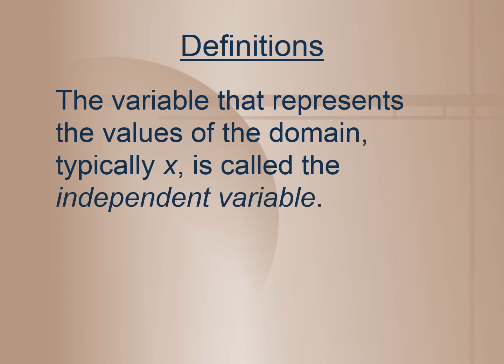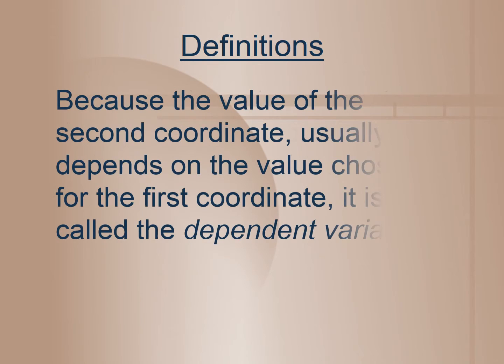It's the same way with the domain. The domain is the x value, or the first coordinate, and that's independent because the second coordinate depends on it. So the second coordinate y depends on the first coordinate, and that makes y the dependent variable.